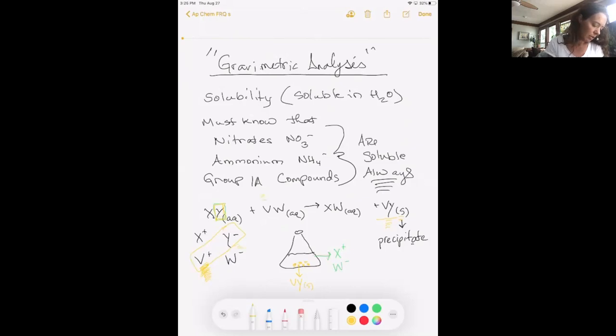Therefore, I must add this solution in excess to ensure that all of the Y ion is precipitated and ends up in the precipitate. All right? Otherwise, this process doesn't work. And you need to be able to explain why this needs to be in excess to ensure that all of the Y ion precipitated. Okay?